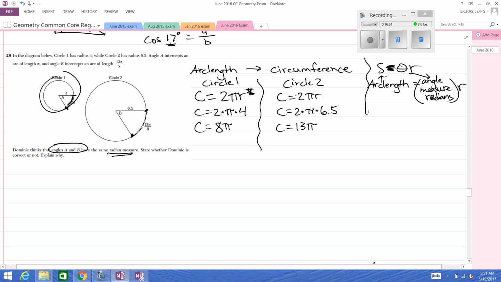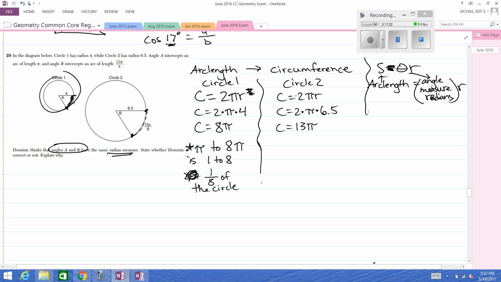So an arc length of pi for circle 1 to the circumference 8 pi is a 1 to 8 ratio. So this arc, angle A, whatever it is, it's covering 1/8 of the circle.